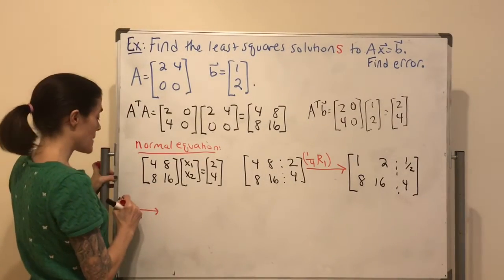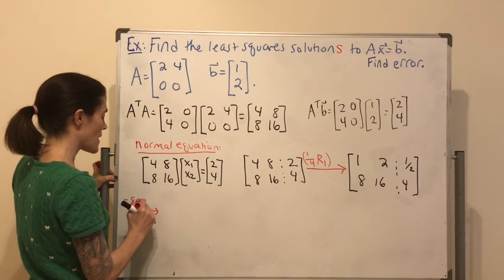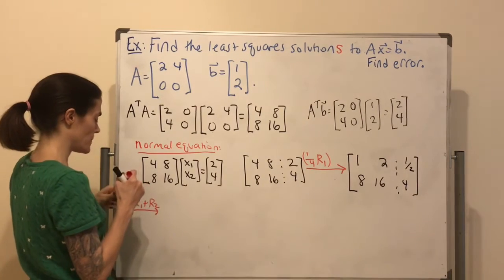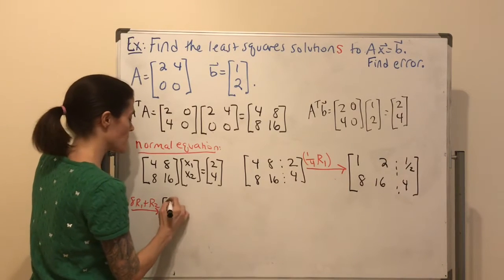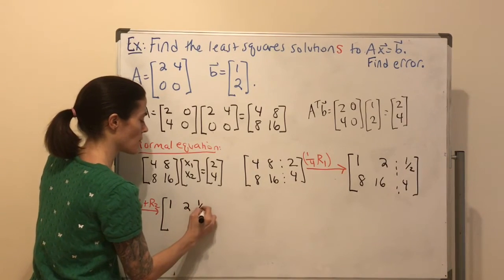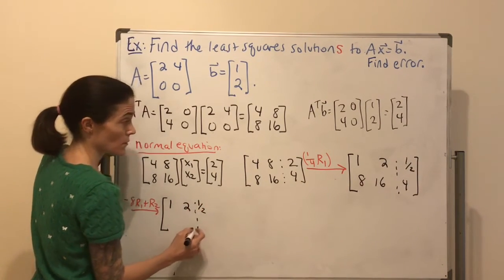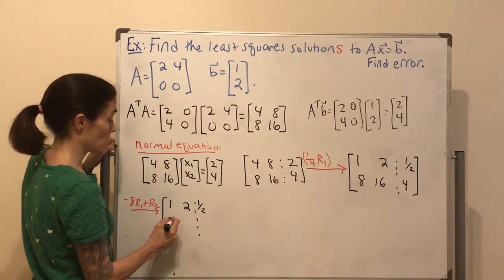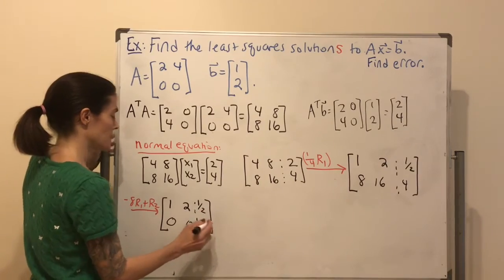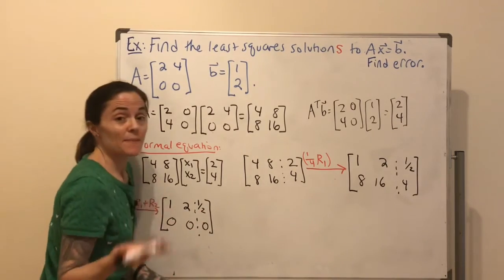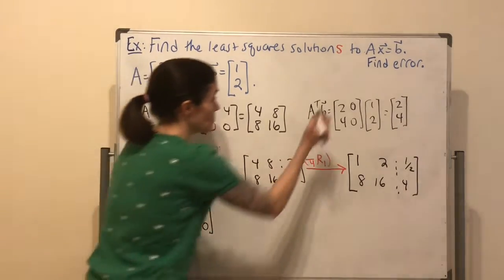I'll just take minus 8 row 1, add it to row 2. I will be in reduced row echelon form after this step. Okay, 0, 0, 0. Infinitely many solutions.